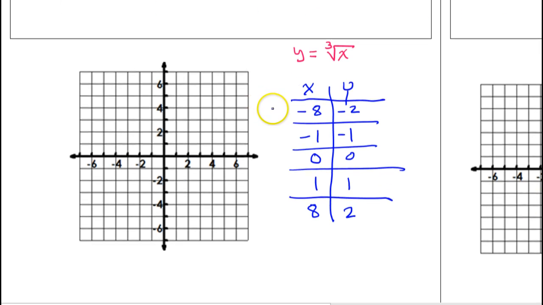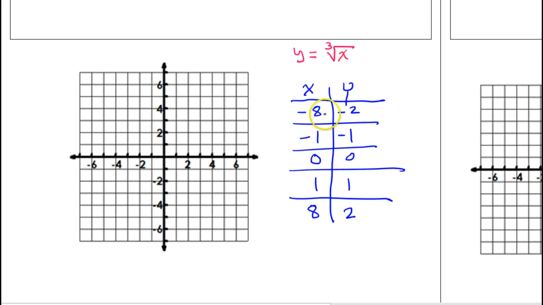Now for this particular graph, that's it. We're just graphing this parent function. So we'll just graph these 5 points and sort of take a look and see what we have. So negative 8 comma negative 2 is going to be off the graph a little bit, so approximately here. Negative 1 comma negative 1, 0, 0, 1, 1, and 8, 2 would be about here.